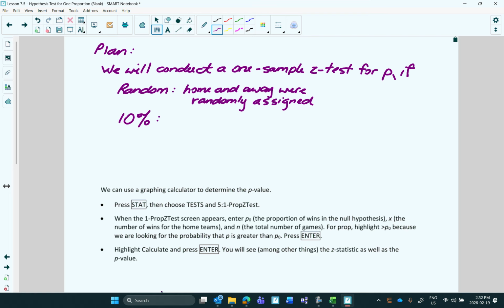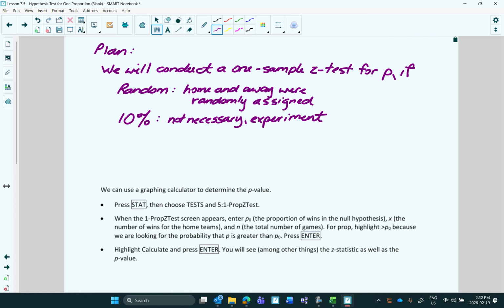Okay? Not necessary, because what we've done is an experiment. And when we do experiments, it assumes independence. So that's why we don't have to test it.